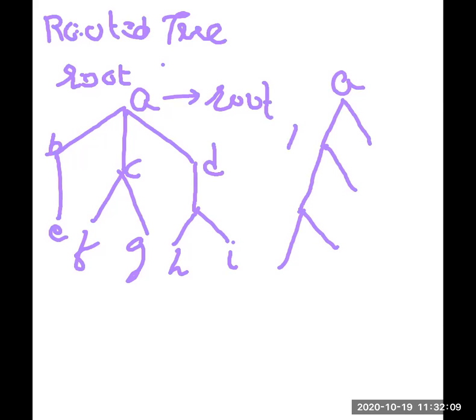Let's say A, B, C, D, E, F, and G. This is another tree. Again, the root is A.